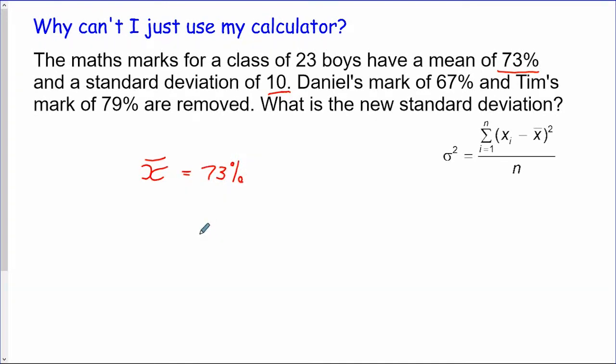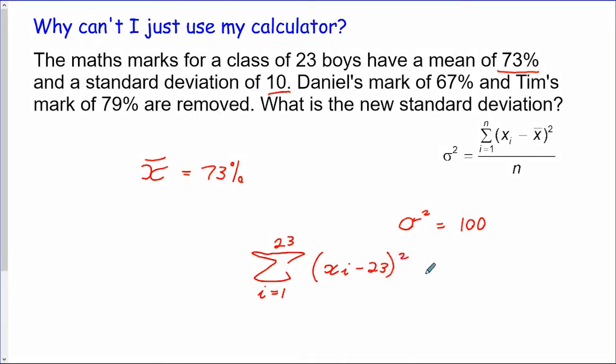All right. Now, what we knew is that the standard deviation was 10, which means that the variance is 100, which means that when we added up all the numbers from 1 to 23, each one minus the mean, squared, we would have got 2300.